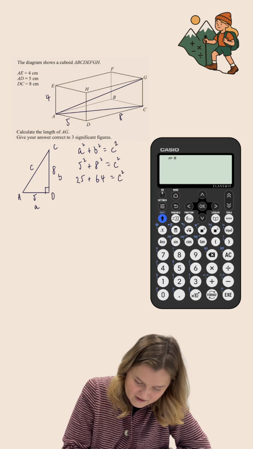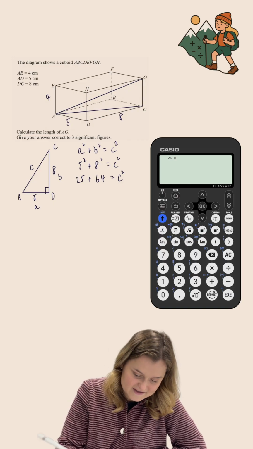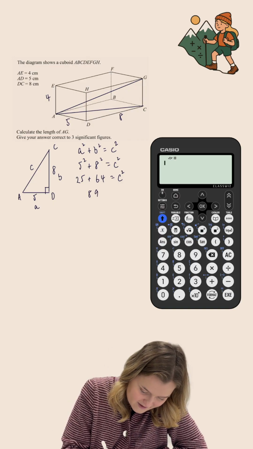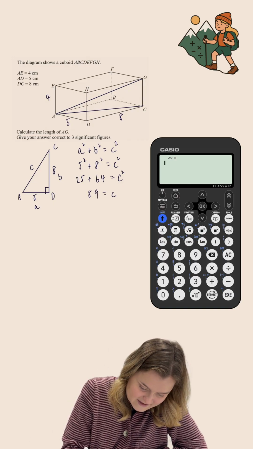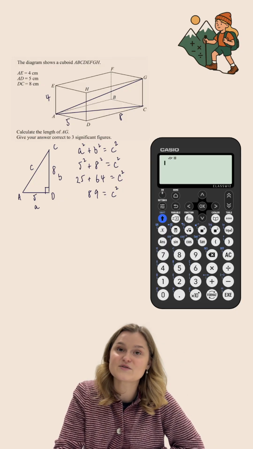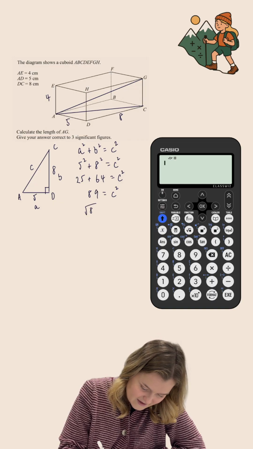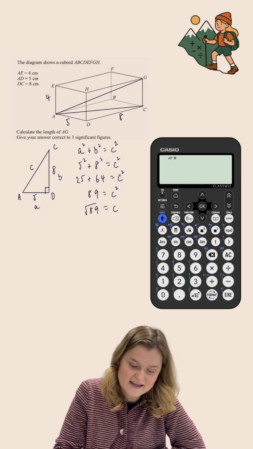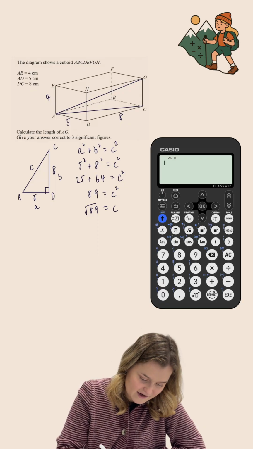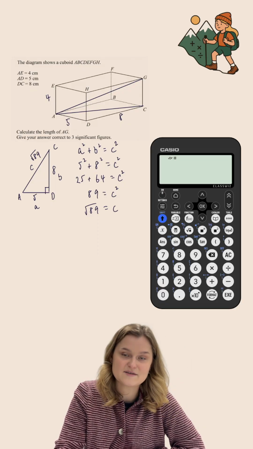So I've got 25 add 64 equals C squared. 25 add 64 is equal to 89, so I get 89 is equal to C squared. To get C on its own, I just need to square root both sides. So I'm going to end up with the square root of 89 is equal to C. So I now know that this diagonal length here is equal to root 89 centimetres.